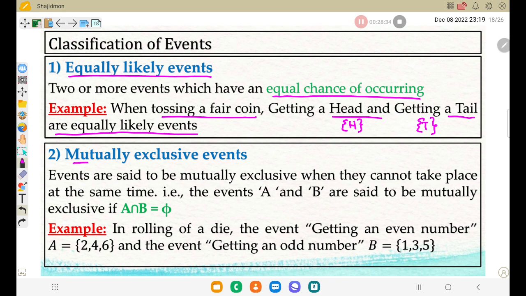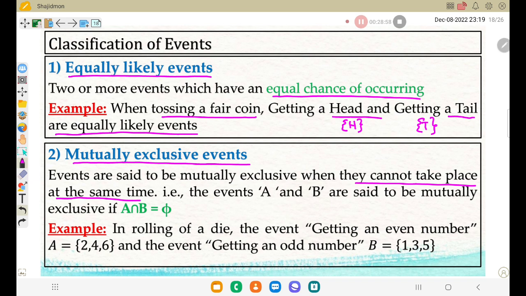And the second one, mutually exclusive events. Exclude, not include, exclude. So events are said to be mutually exclusive if they cannot take place at the same time. Same time, that will not happen. What is the meaning? Both should not happen at the same time.